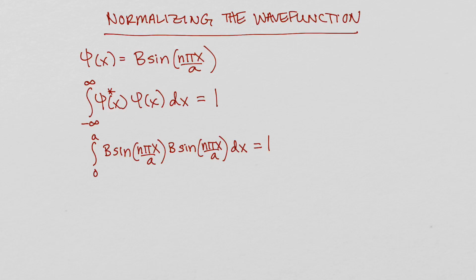So first thing we want to do is pull everything out of our integral that we can. In this case, that's just our b's. So we'll have b squared times the integral of sine squared n pi x over a dx from 0 to a. We know that equals 1.